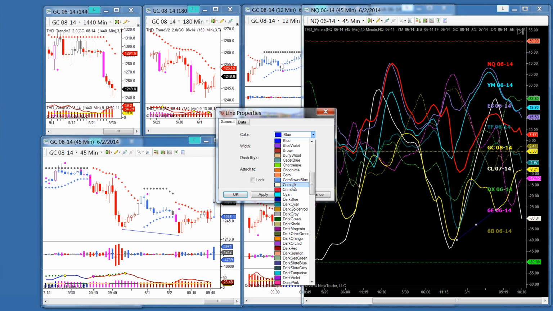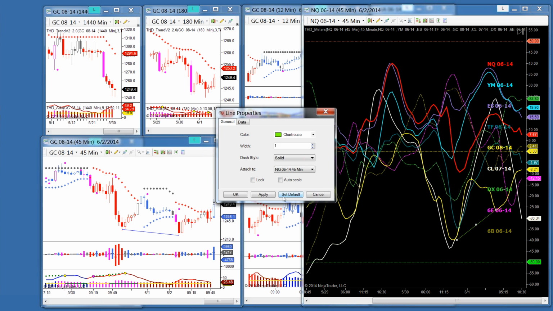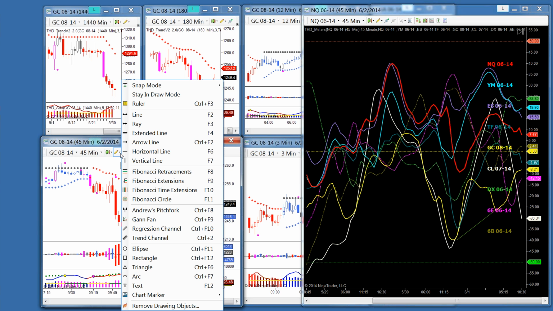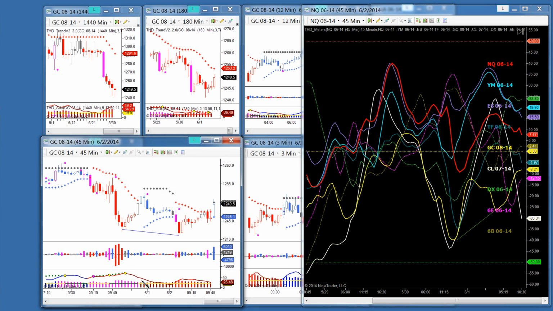And I'm going to put it this color and set it as a default so we always see it. So we have divergence over here and we have divergence over here, okay? Now, because I could notice this right off the bat, I mean, I'm making new lows. I should be making new lows in the meter window as well, right? I'm not. All right, look down at the ADX. Are you making new highs?